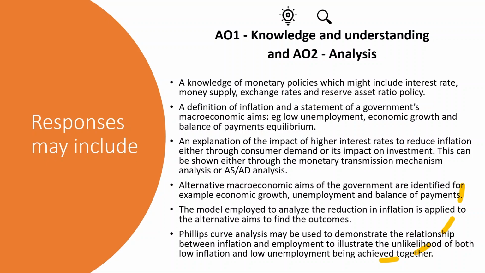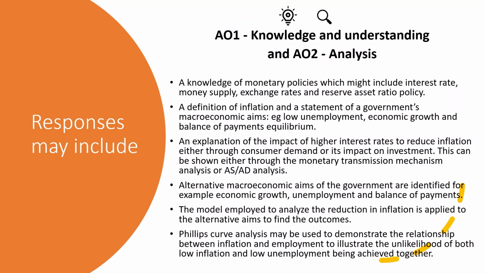Then you can discuss the impact on other macroeconomic aims like economic growth and employment, where you need to achieve low unemployment, economic growth, balance of payments equilibrium, and how this will impact that. For example, you can discuss how higher interest rates can slow down economic growth as borrowing costs will rise, potentially leading to lower investment and higher unemployment.